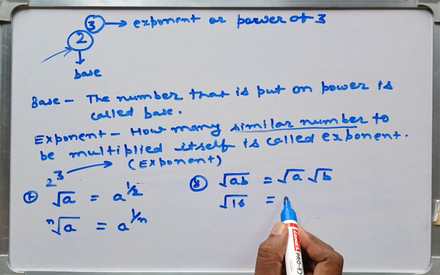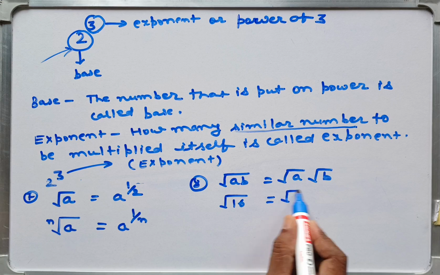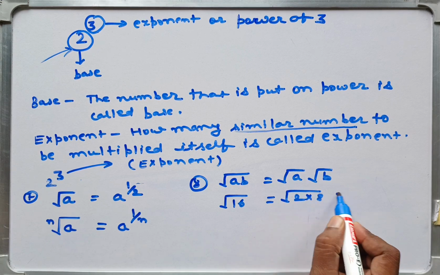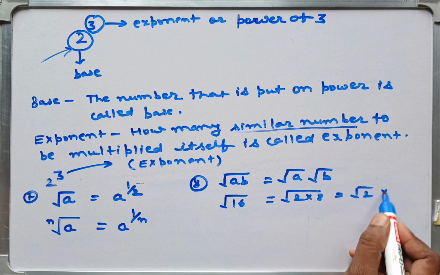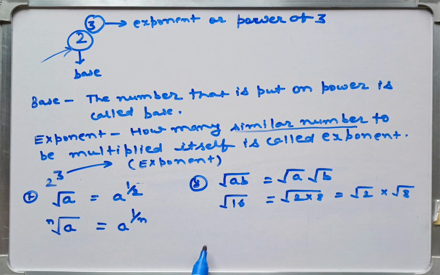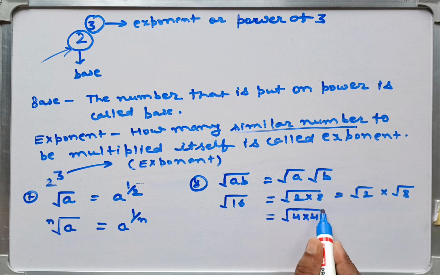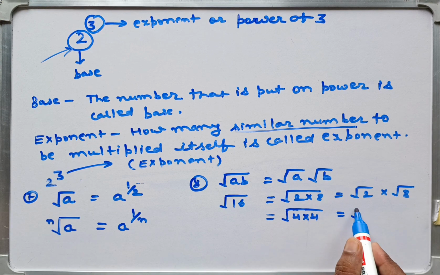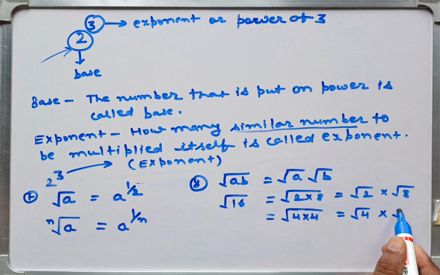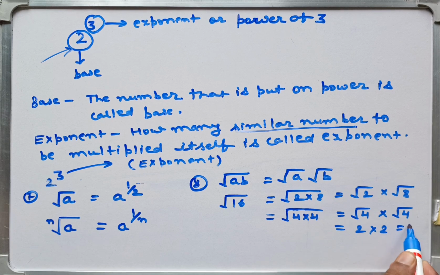You can write it as a product of two numbers, 2 into 8, so 2 into root of 8. Or, if we write 4 into 4, you write root of 4 into root of 4. Finally you will get 2 into 2, which is equal to 4, and the square root of 16 is also 4.